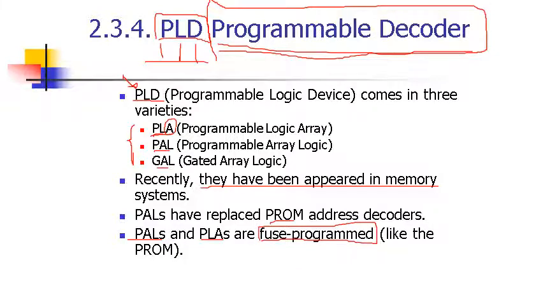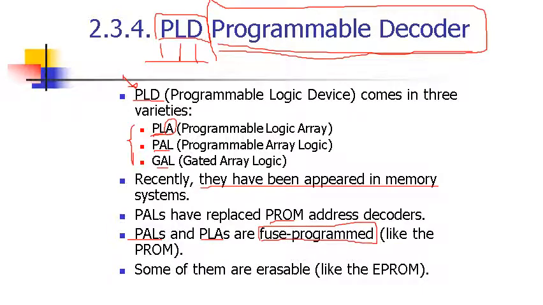A fuse connecting 2 points, you leave it if you need to program it with a 0 or a 1. You burn it out if you need the inversion of a 0 or a 1. So these are only programmed once, because once a fuse is burned, it cannot be put back.